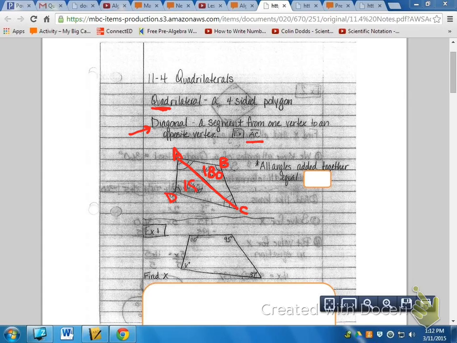But since there are two triangles here, the total for a quadrilateral would be 360 degrees. That's really important information. You might want to star it. All the angles of a quadrilateral add up to 360.